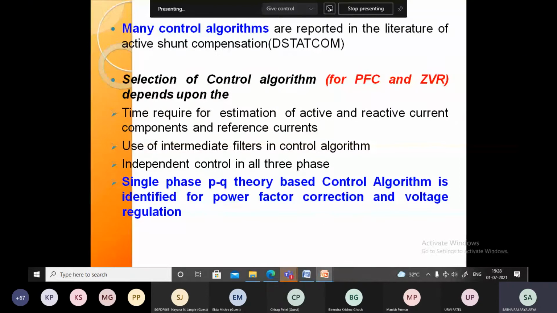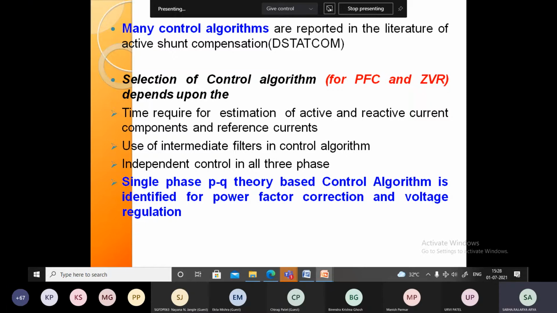That is also a point. There are many controllers, but we will talk about the control circuit only. We will talk about single phase PQ theory so that from the base point we can understand how our system is going to work. Here selection of control depends upon the time required for estimation of active and reactive current and reference current.